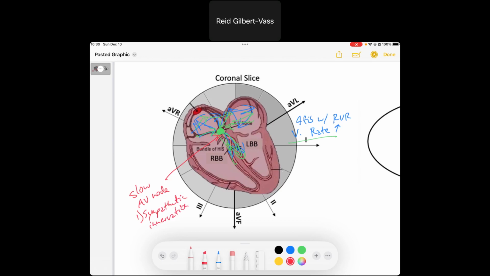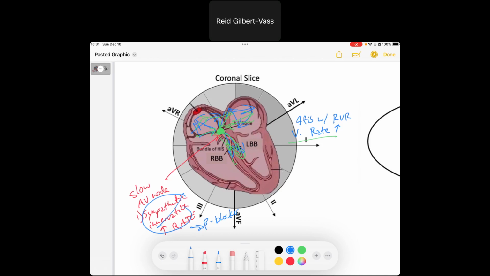And then we know that sympathetic innervation to these nodes increases the rate. So what if we blocked this with a beta blocker? So we could give a beta blocker like metoprolol to this individual, and that would likely slow it down.